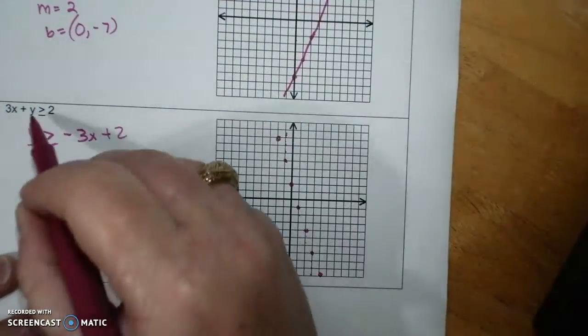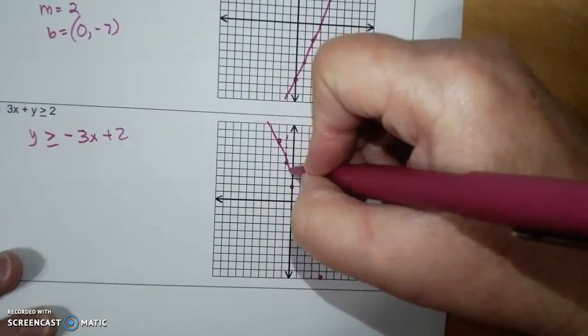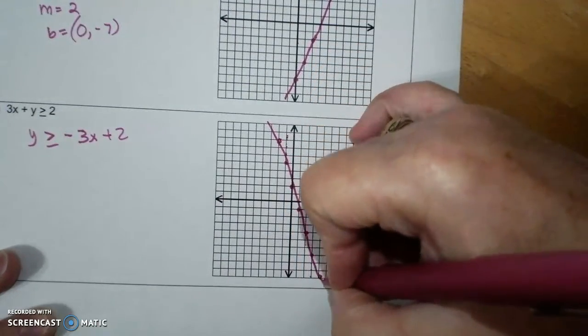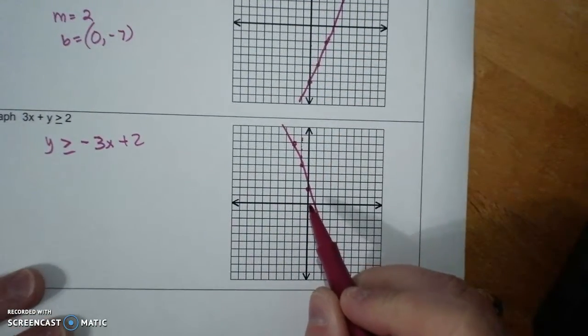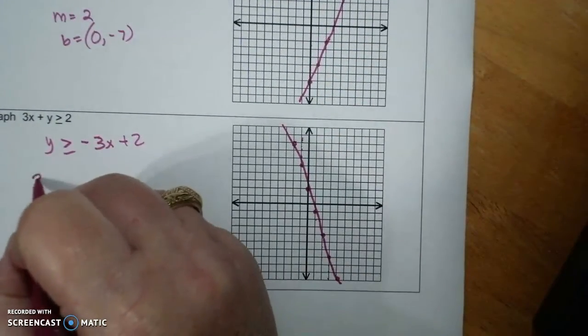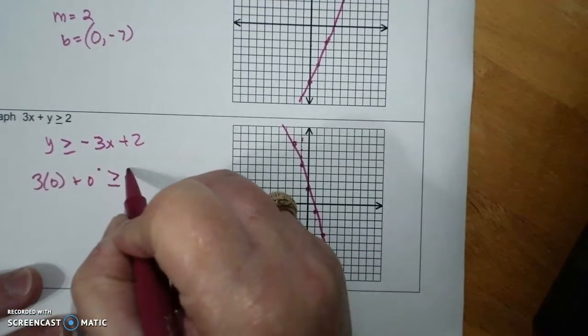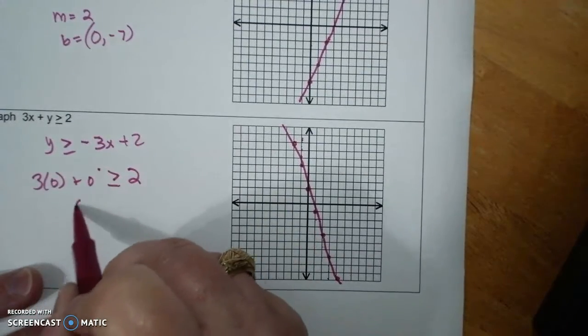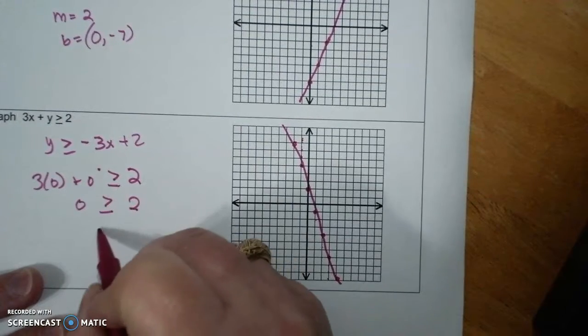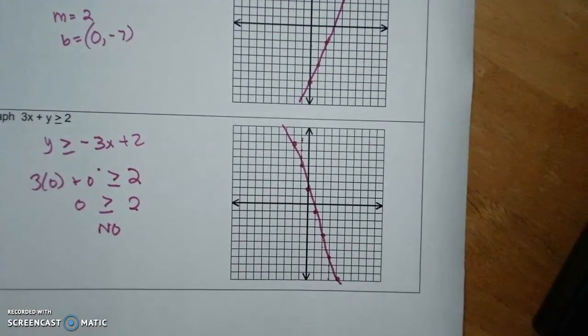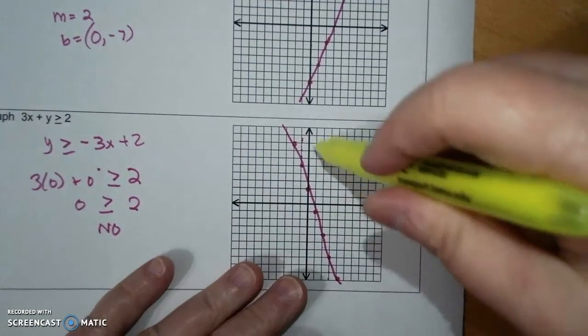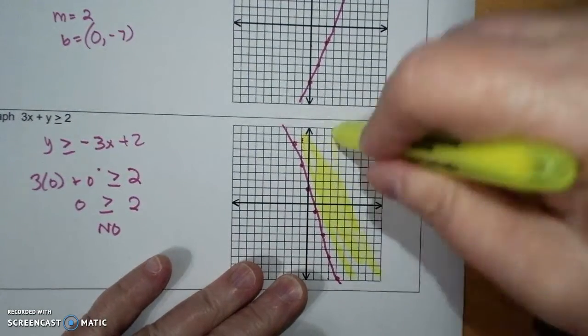I'm going to draw a solid line because the inequality is underlined. (0, 0) is definitely on one side, so I'm going to do 3 times 0 plus 0 is greater than or equal to 2. 0 is greater than or equal to 2, which is no. And since that is a no, I'm going to go on the other side of the line, and I'm going to color over here.